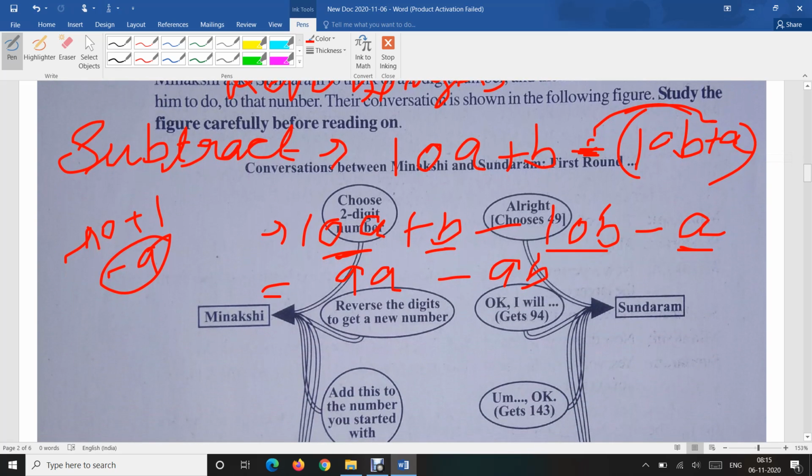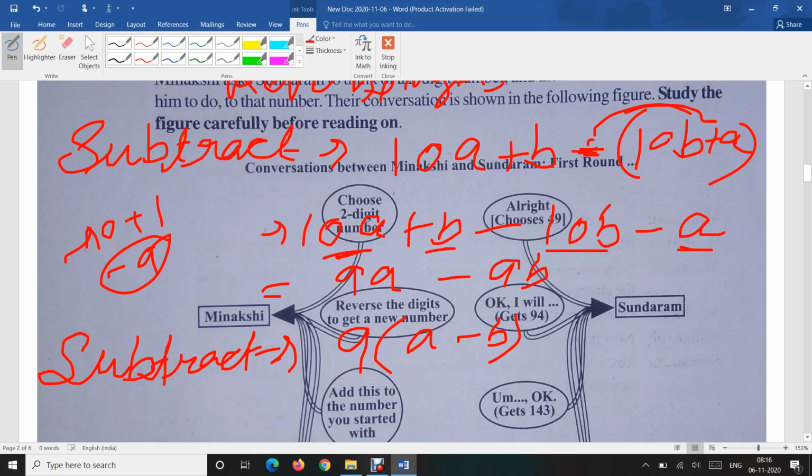Because 9 is a common factor here, we can take 9 outside as a common factor, and inside we are left with A minus B. That means the subtraction of the numbers can be divided by 9 and will give the remainder 0, and here we are interested in 9.